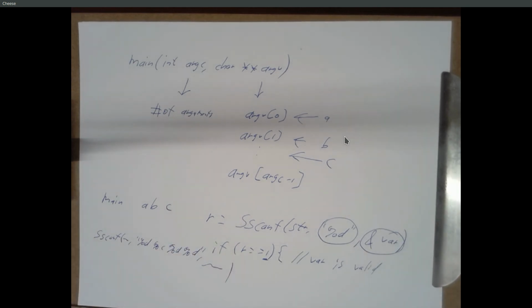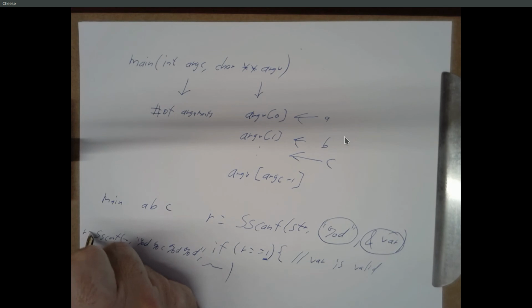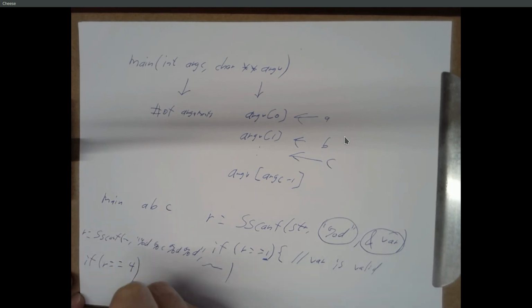If I have a %d, %c, %d, %d, and I list 4 variables over here by address, and I want to know, did it succeed in converting all 4 of those, see if it returned a 4. All right, so the return from scanf is the number of things that it successfully converted.